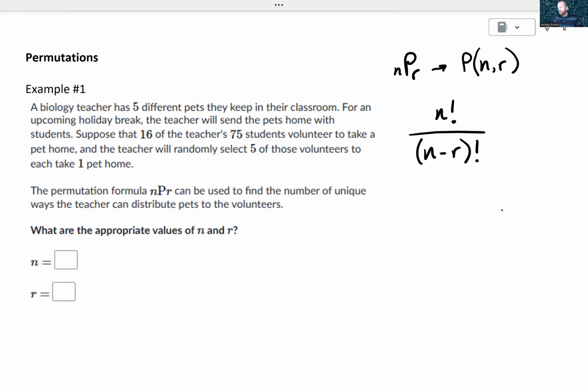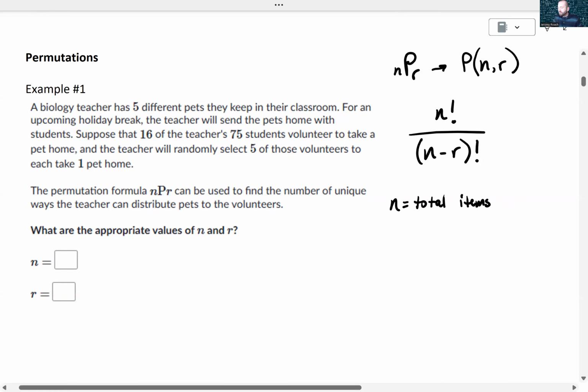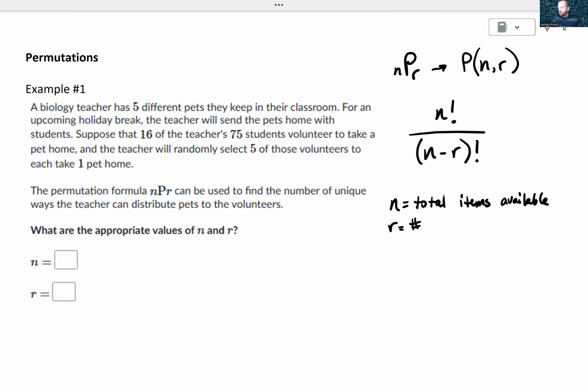And those parentheses are important. If we don't have the parentheses there, that would just say r factorial. But this is n minus r, whatever that is, and then factorial. So n stands for the total items that are in the set. I'm just going to say total items available. And r is the number of items that we're choosing.